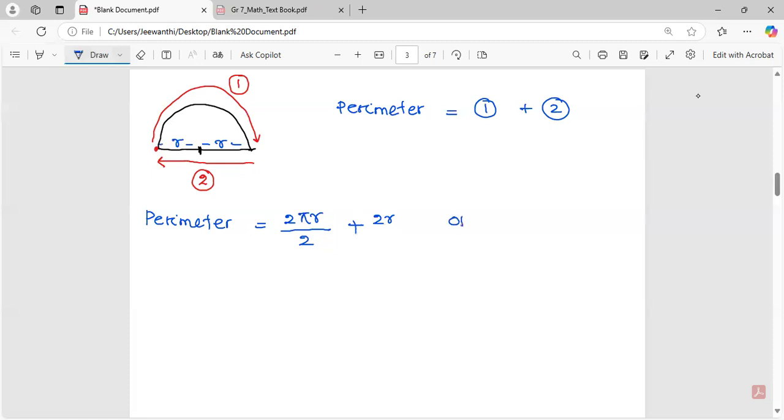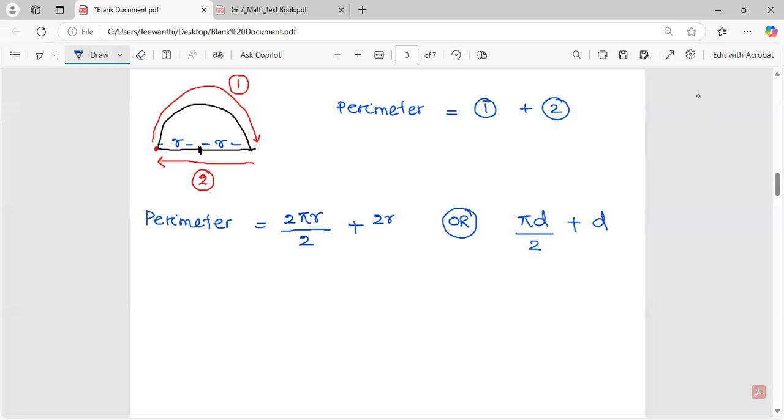Or let's say you use the πD formula: πD divided by 2 plus D. πD is the full circle; you divide by 2 to get the half circle curvy part, the arc length. And for that, you add the D value. Why?